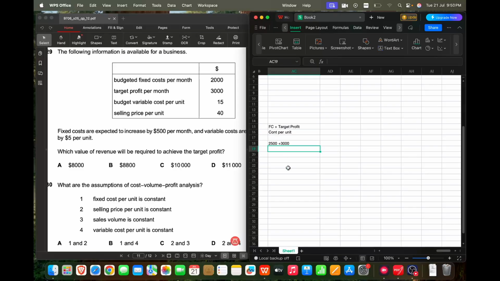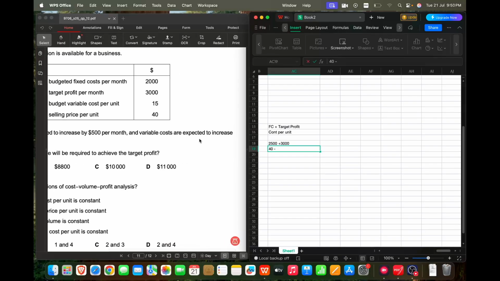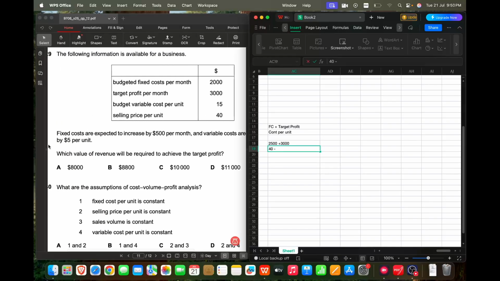Contribution per unit is selling price minus variable cost. Selling price in this question is 40 and the variable cost per unit is 15, but it says that the variable costs are expected to increase by $5 per unit. So now the new variable cost would be 20 per unit.